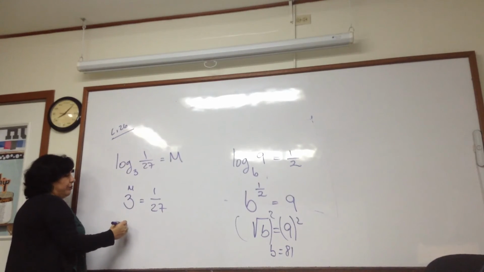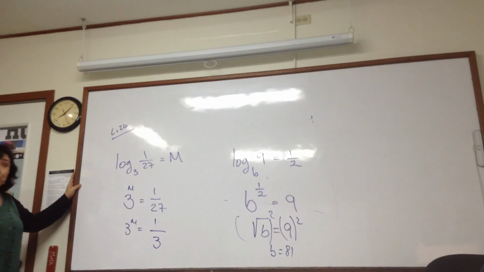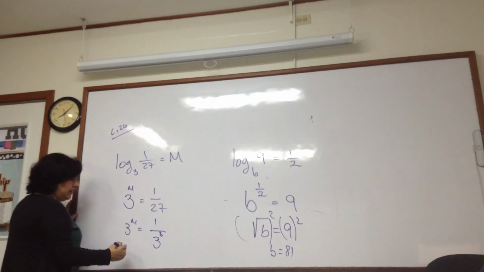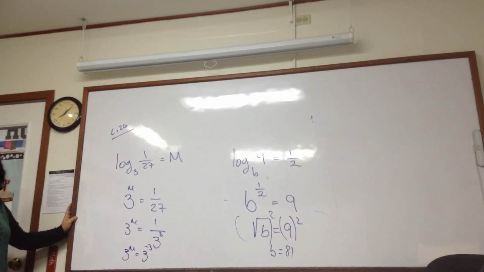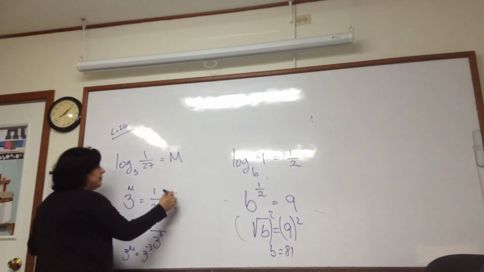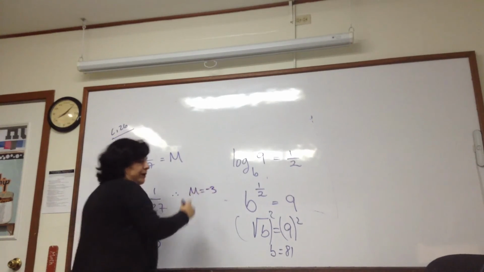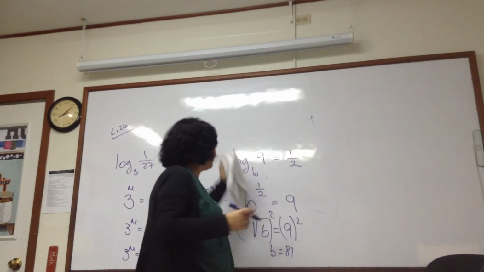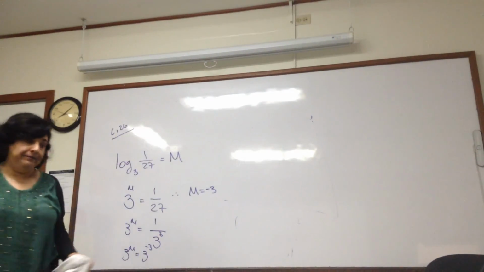So let's do 3 to the m equals 1 over 3 to the what gives you 27? To the 3, right? So this means that 3 to the m equals 3 to the minus 3, correct? Therefore, m equals minus 3. Is it clear how to switch back and forth?